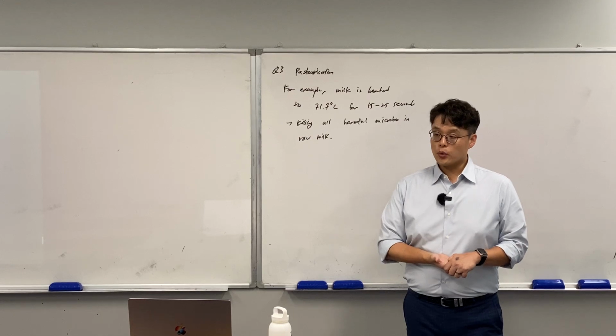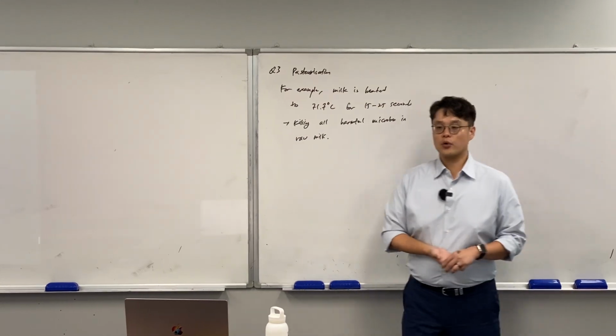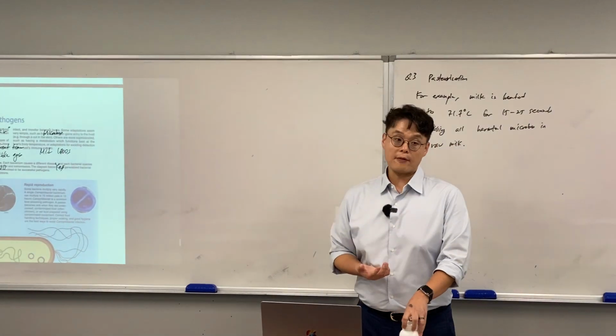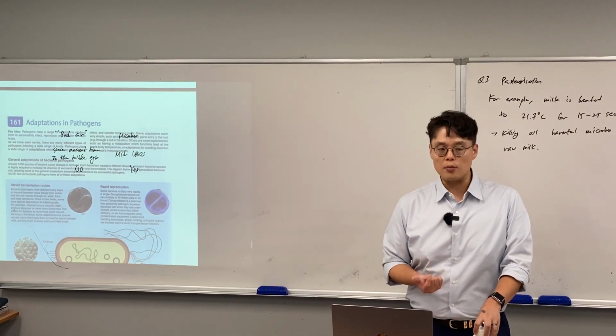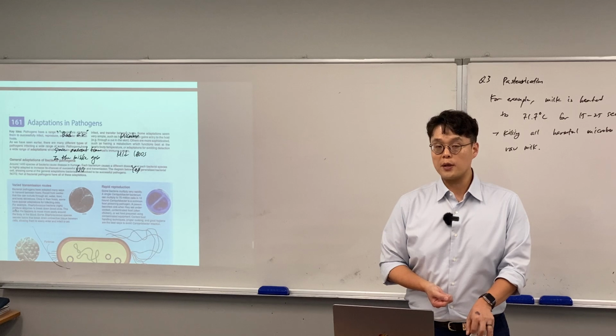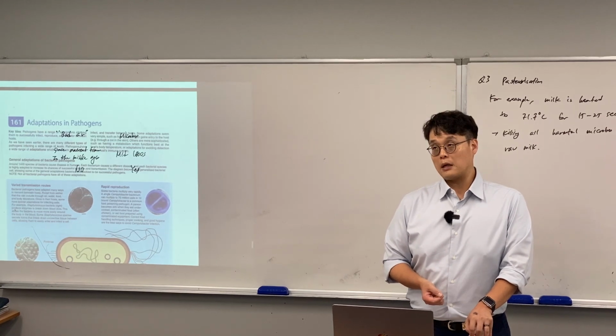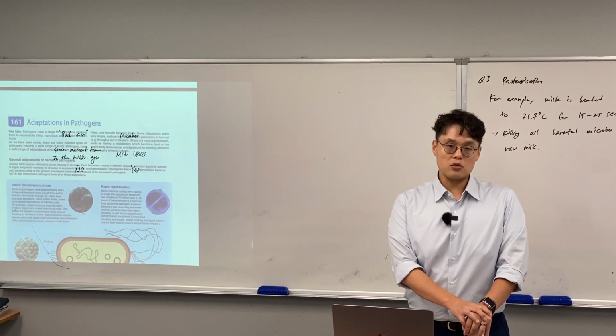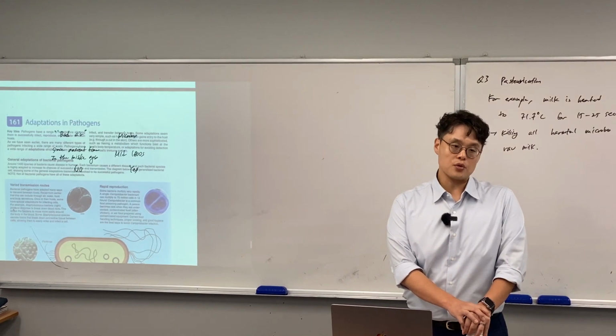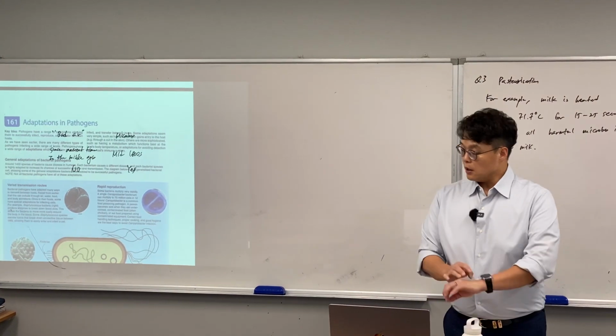We'll start from that and move on to how we respond to pathogens, starting with plants and moving on to animals, specifically the human immune system. That will probably be a highlight of this module: our immune system, how it works towards pathogens and reacts to them. Okay, any questions?